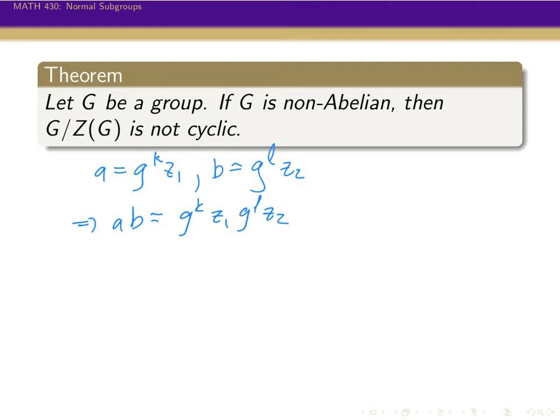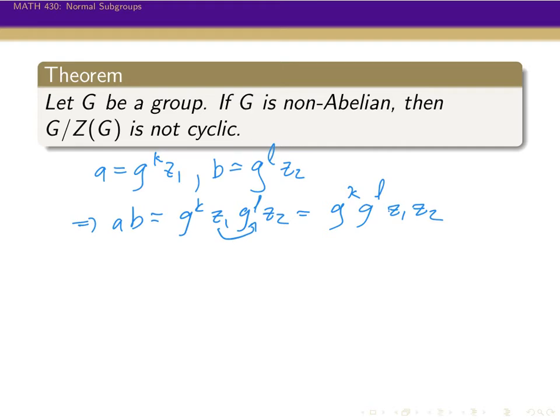But Z1 is in the center, and so it commutes with any element, including G to the L, so I can move Z1 over. And so this is going to be equal to G to the K, G to the L, Z1, Z2.